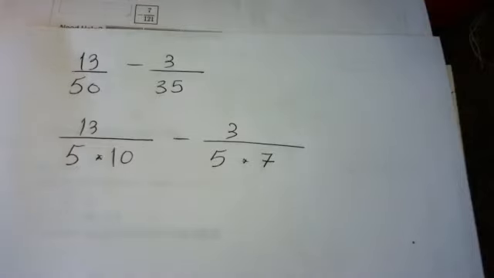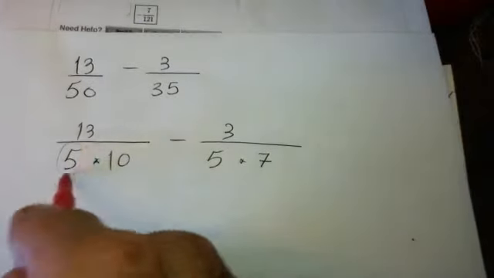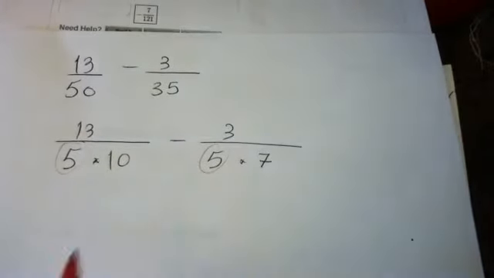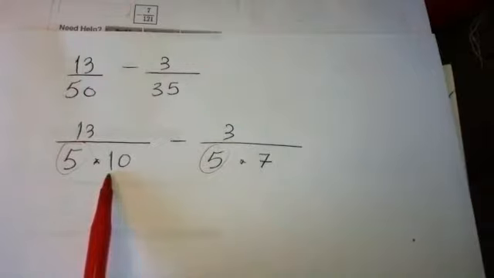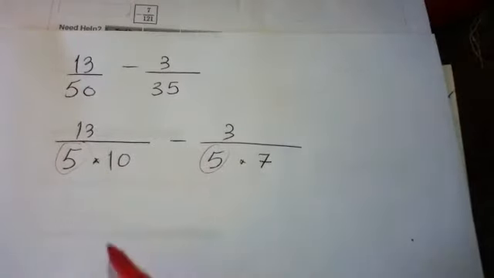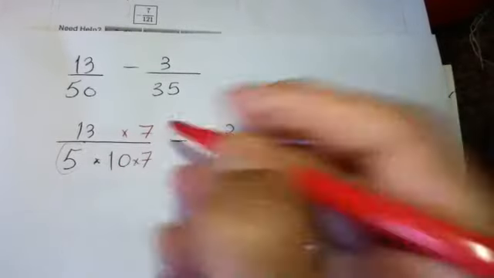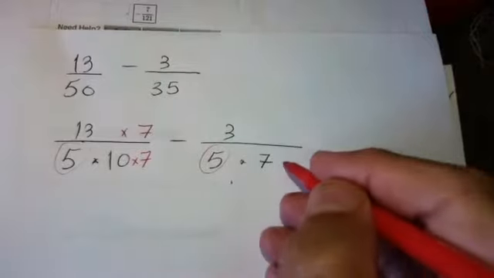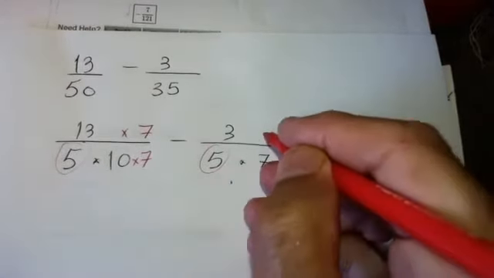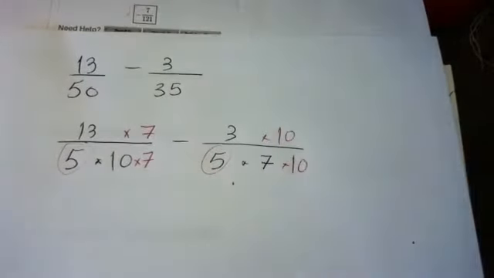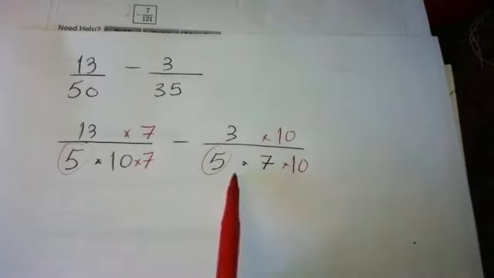When you want to subtract or add, you want to make sure that the denominators are the same, okay? So they both have 5. This one has 10, but it doesn't have 7. What if I just multiply? I put a 7 here and 7 here. This one doesn't have 10. What if I put 10 here and 10 here, right? So look, 5, 10, 7, 5, 10, 7.